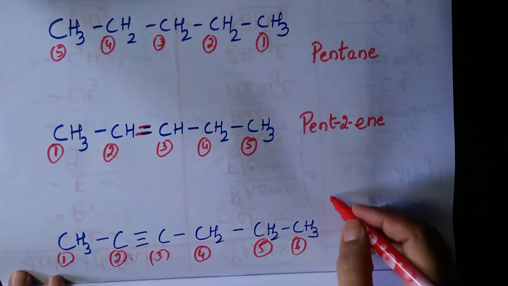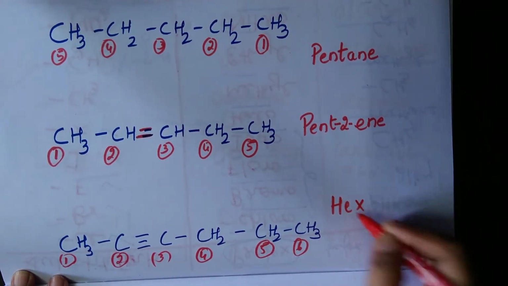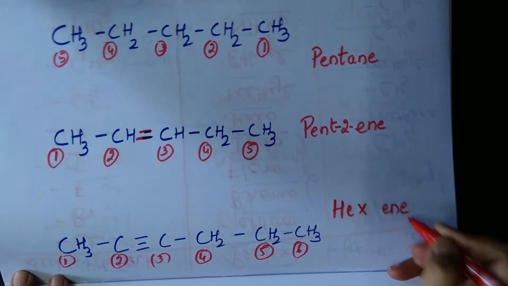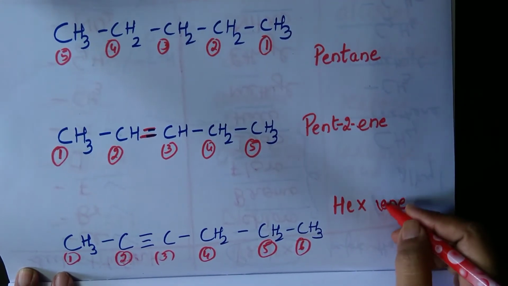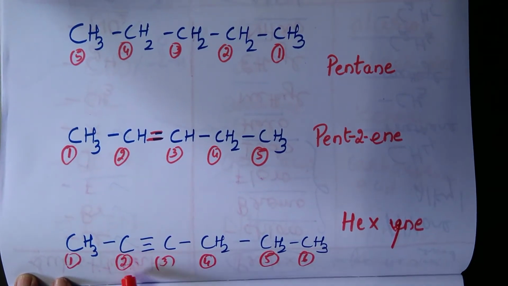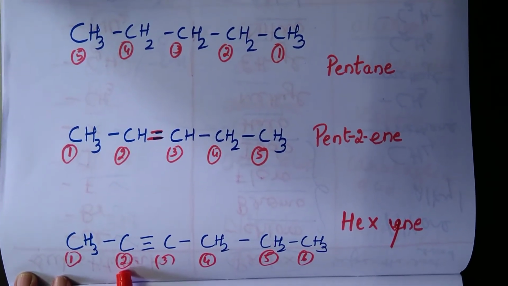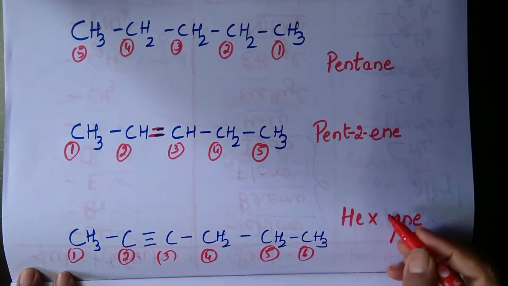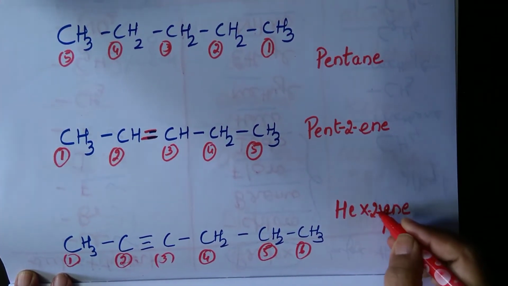So root word will be hex. Very good. And triple bond means primary suffix will be YNE. And where is YNE situated? It is between 2 and 3. Out of 2 and 3, which is the smaller one? 2. So write hex-2-yne.